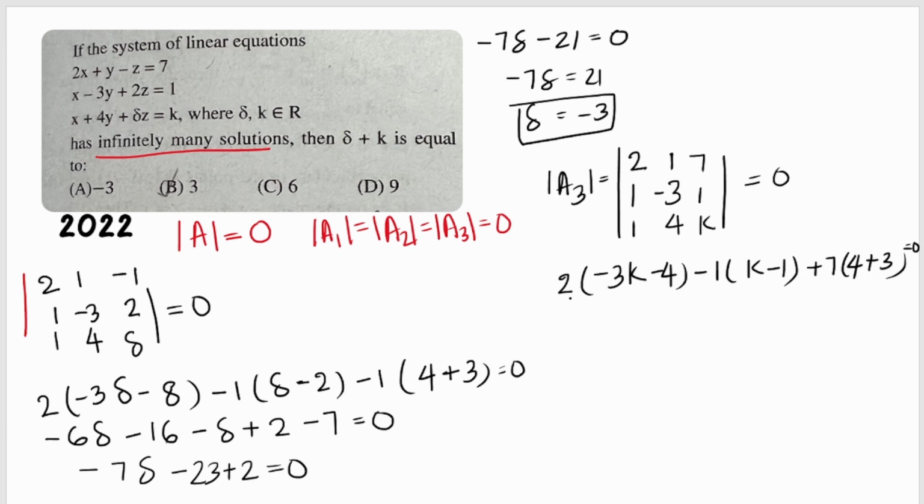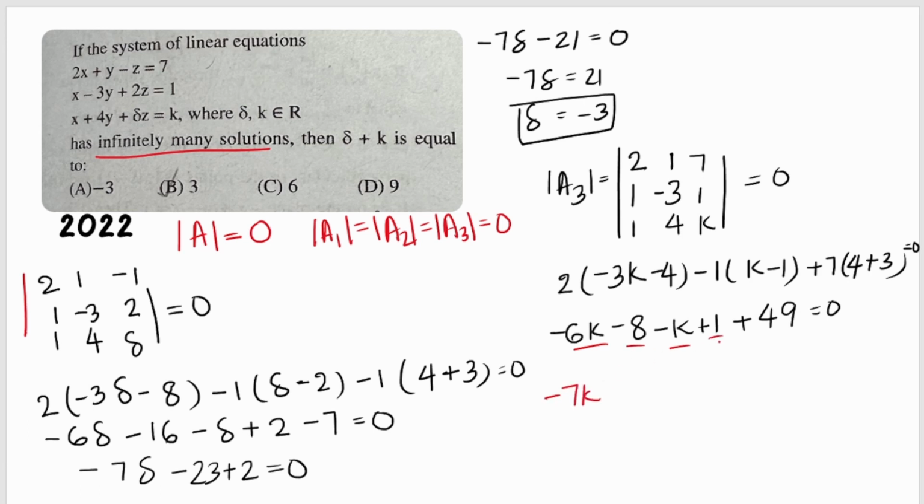Now on solving, 2 into minus 3k is minus 6k. Then you have minus 8 minus k plus 1. Then I have 7 into 4 plus 3, 7 sevens are 49. So minus 6k and minus k is minus 7k.